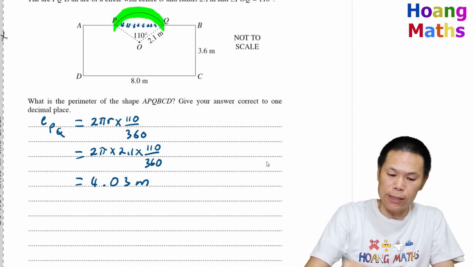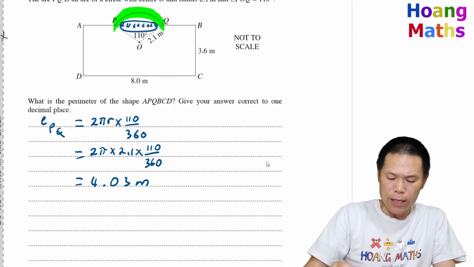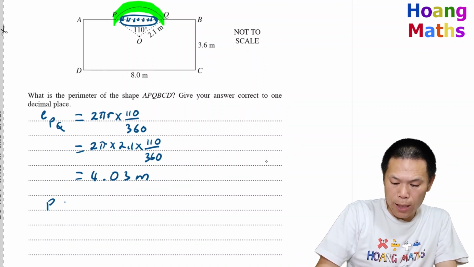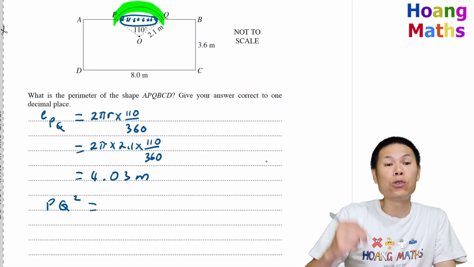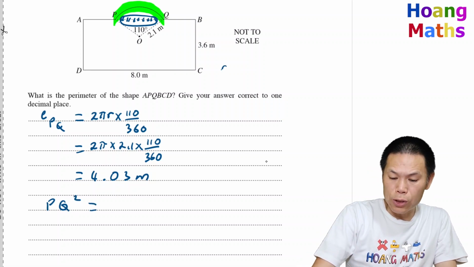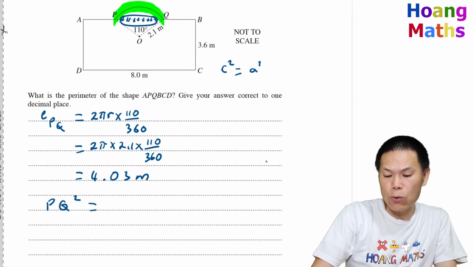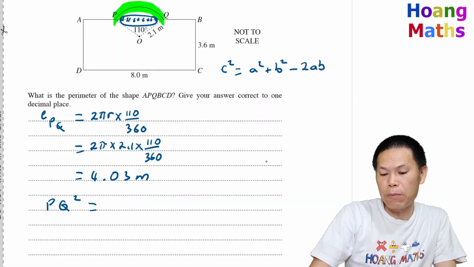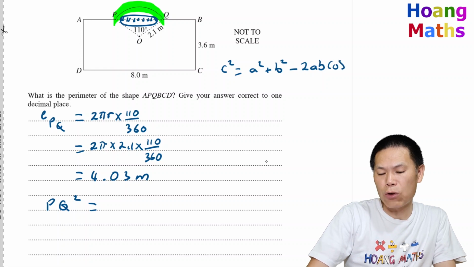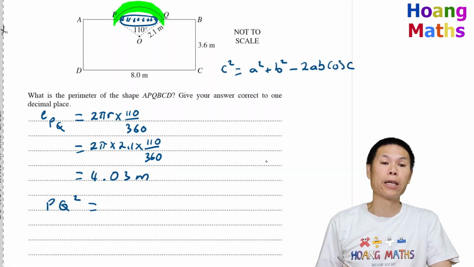Now let's work out the length of this, because to work out the perimeter of the rectangle, we minus this PQ out. Therefore PQ squared, and I use the cosine rule, because c squared is a squared plus b squared minus 2ab cos of the angle in between, which is C. Keep that in mind.